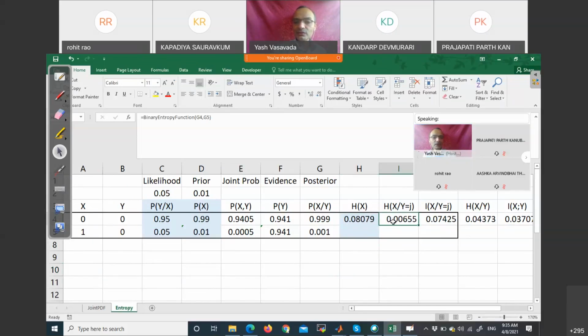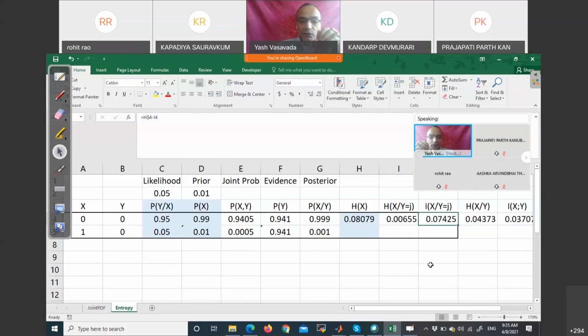From 0.08, it became 0.00655. How did I get that? I took these two values, q double prime and 1 minus q double prime, and then this is the answer that I got. And so in this case, we can say that we did get some information transferred.